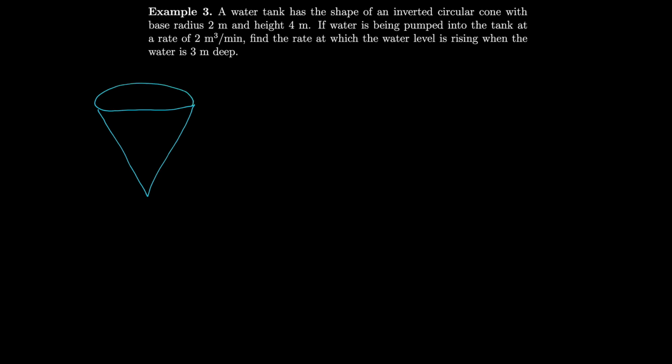Okay, and we have some water level inside the tank, so that's another cone inside. And it says that the water tank has a base radius of 2 meters. So this is 2, and a height of 4 meters.